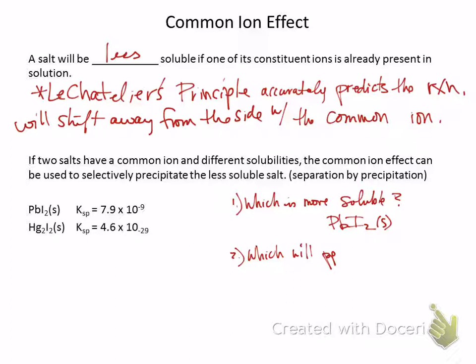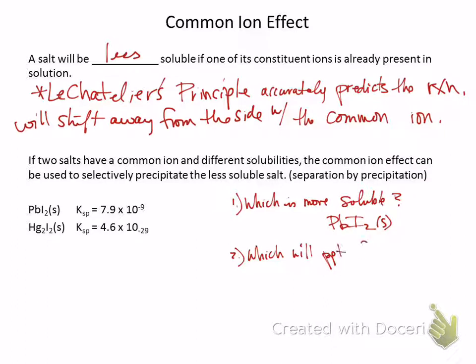We can also remember that K equals the concentrations of the products over the reactants. And so for those that have much larger values, those salts are going to be more soluble. So we can quickly assess that PbI2 solid, or lead iodide, is much more soluble, by about 20 orders of magnitude, in relation to our mercury iodide.